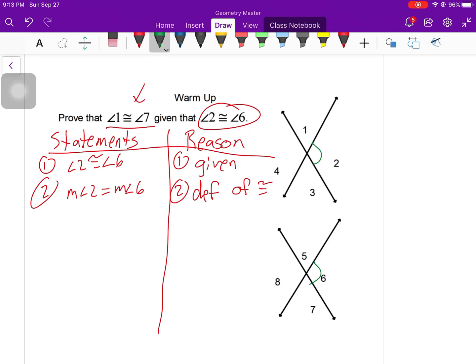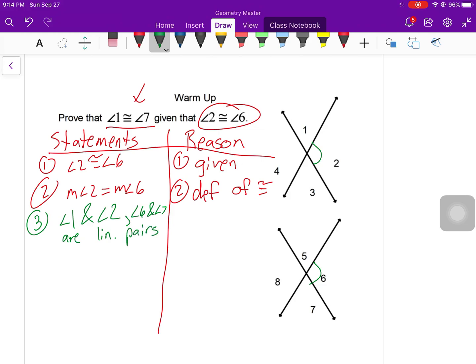And if I look at angle 1 and angle 7, I could see I'm trying to look at linear pairs. So for step 3, I can say that angle 1 and angle 2, and angle 6 and angle 7 are linear pairs.